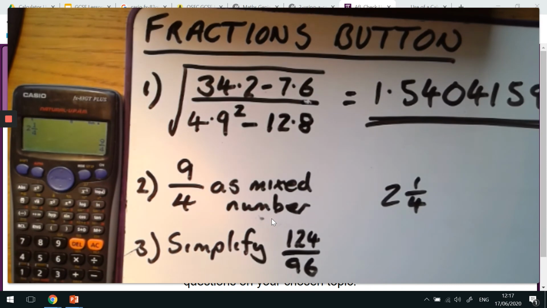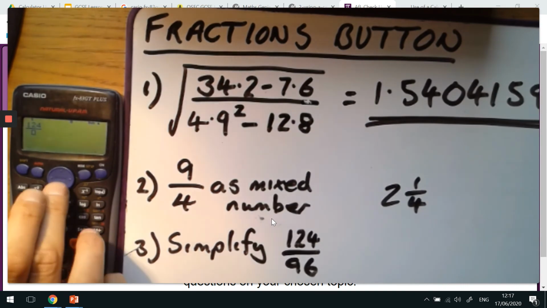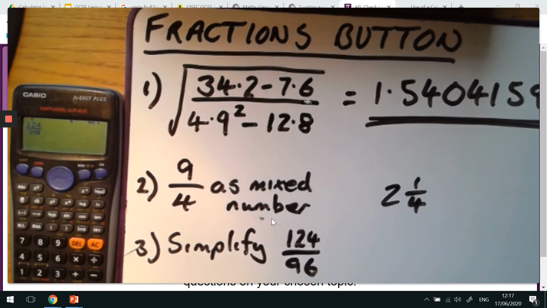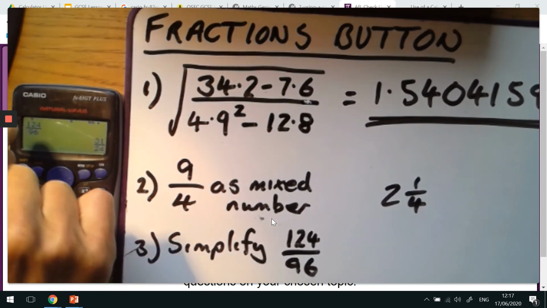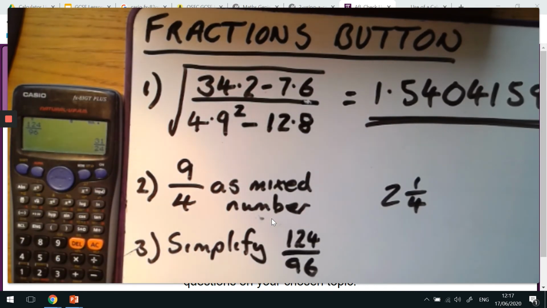Okay, the last one, maybe it may even be the simplest question. So this time I'm being asked to simplify a fraction. So again, getting used to the fractions button and knowing what it can do, I'm going to type in my fraction, and I'm going to press 124. I've entered 124 over 96, and I'll just press the equals, and it has simplified it for me.